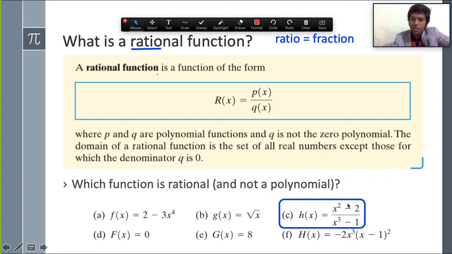Because only in C do you have the ratio form, something divided by something, and it fits the condition. This one is a polynomial but not rational, and this is also not. So only this one is rational and not a polynomial.